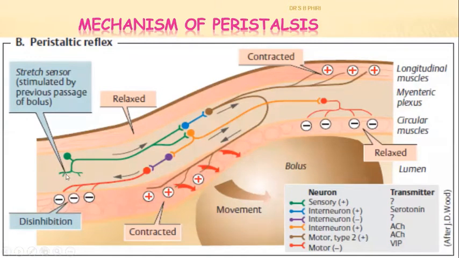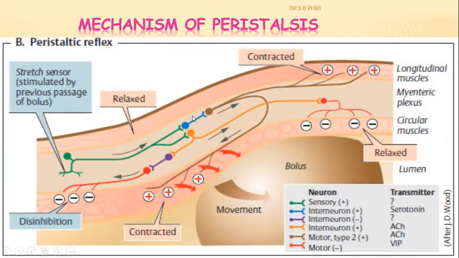The stretch receptors stimulated here by the previous passage of the bolus will depolarize, then initiate an action potential that will be propagated via the sensory nerve. The one shown in green here is a sensory nerve communicating with the stretch receptors. It is going to transmit an action potential towards the interneurons.